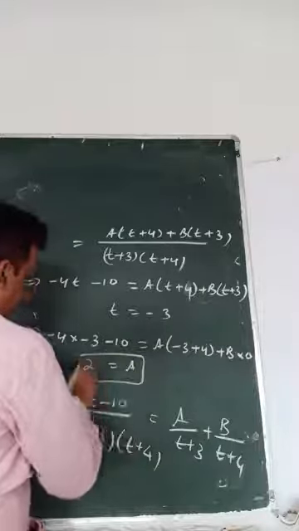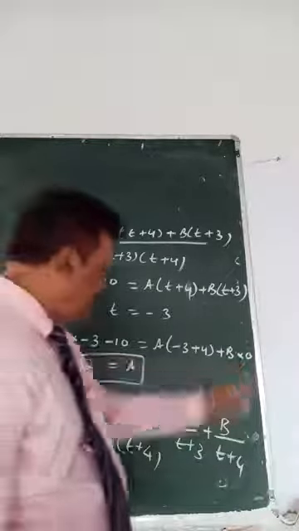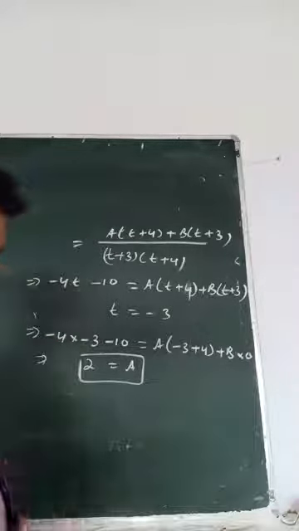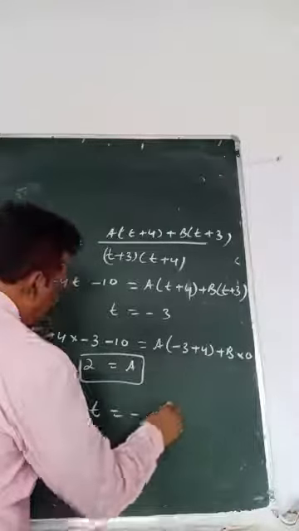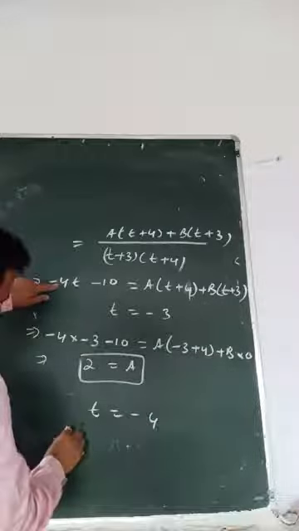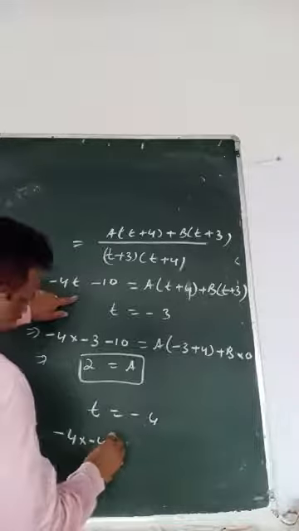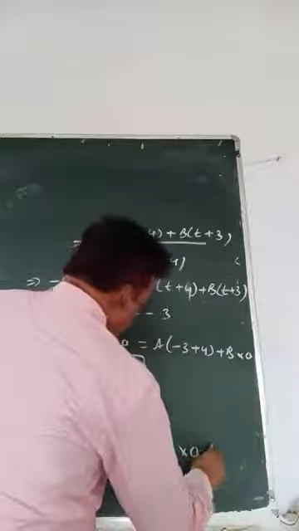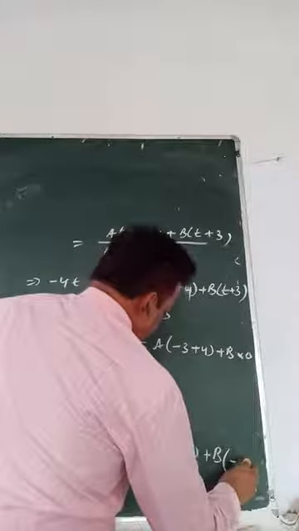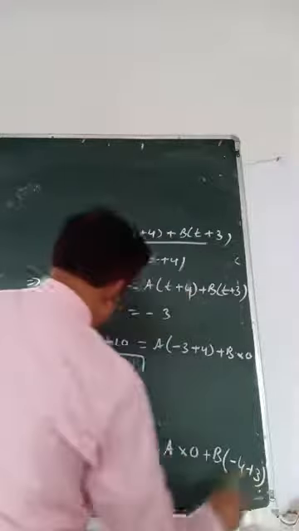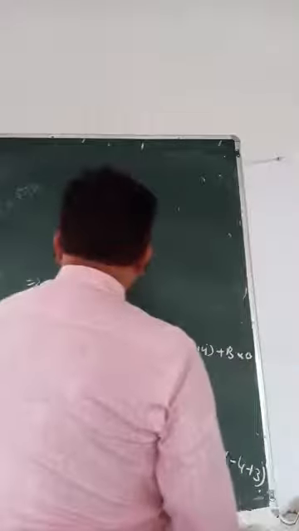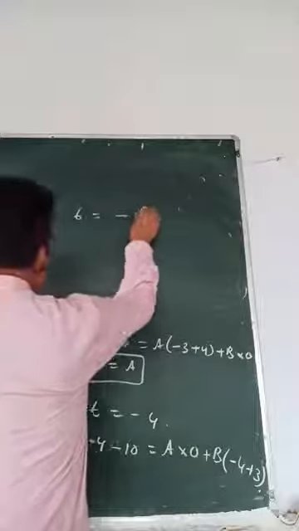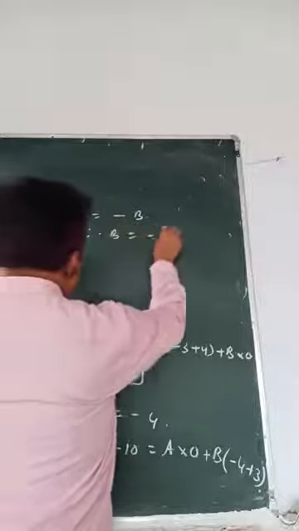You got it? Because this is 0. Now put t equals minus 4. Minus 4 into minus 4 minus 10 equals A into 0, because this will be 0, plus B into (minus 4 plus 3). So 16 minus 10 is 6 equals minus B. Therefore B equals minus 6.